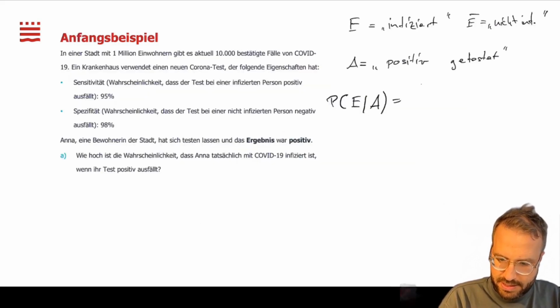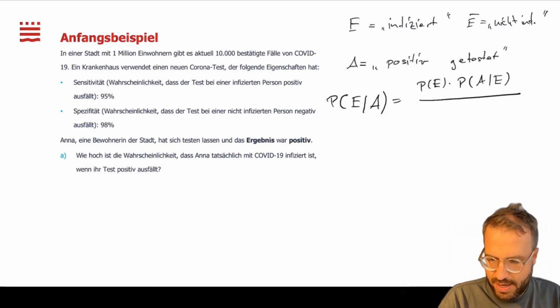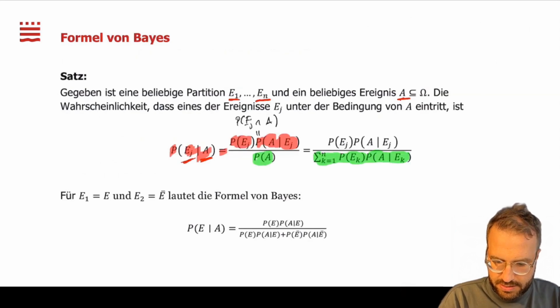It is exactly P of E times P of A given E, we flip the whole thing around, divided by, exactly. Now let's take a moment to consider the details in the denominator.